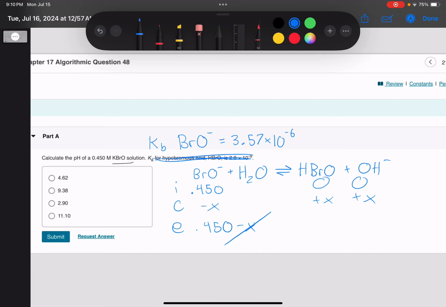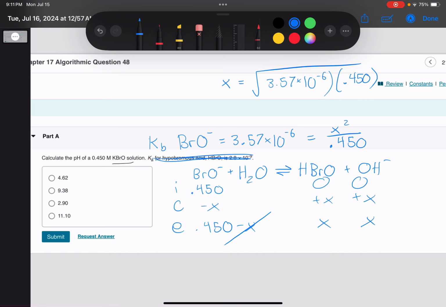So our whole thing is going to be equal to X squared over 0.450. Or X is equal to the square root of 3.57 times 10 to the negative 6th times 0.450. So that's going to be the concentration of OH minus, and then we're going to have to convert that to pH.